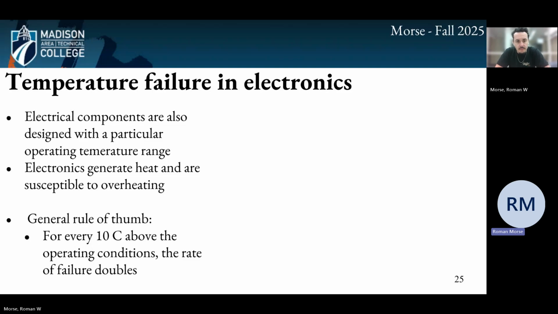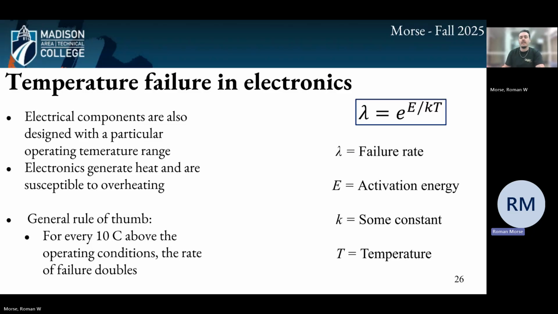But a general rule of thumb is that for every 10 degrees C above the operating conditions, the rate of failure doubles. But we can actually quantify that and calculate that failure rate using this equation here. Let's go back to my laser pointer. So lambda is lambda from before, but this time, we're considering a component that's operating outside of its normal operating conditions.